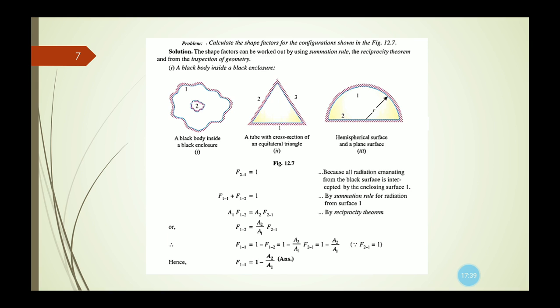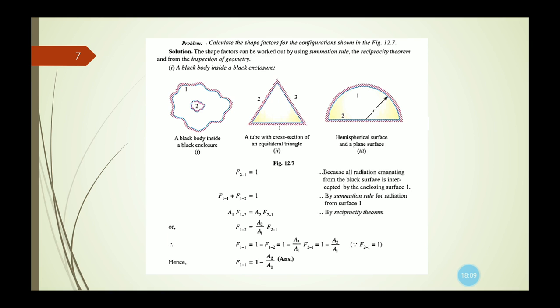For this case, we need to find its shape factor. How to proceed here? We can write that F21 is equal to 1 because all radiation emanating from the black surface is intercepted by the enclosing surface. So obviously F21 is equal to 1.